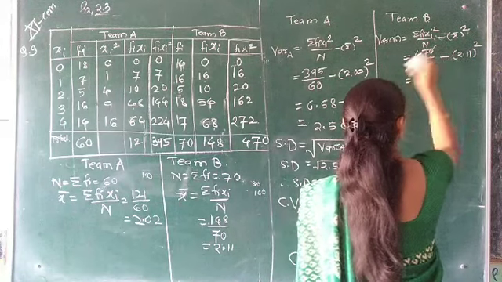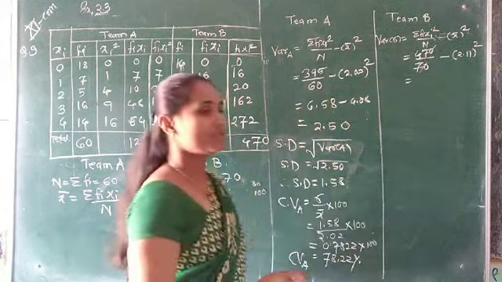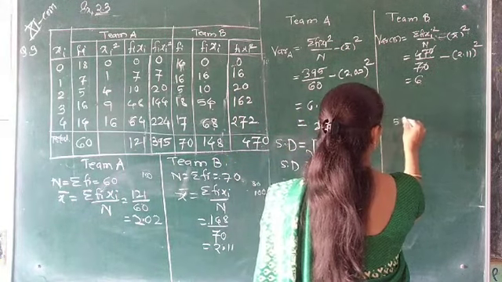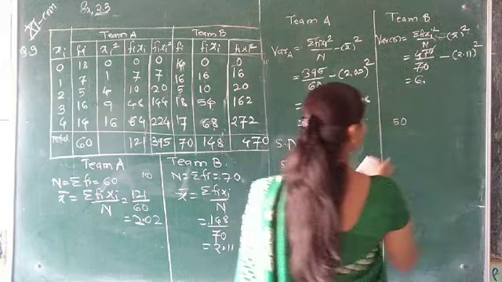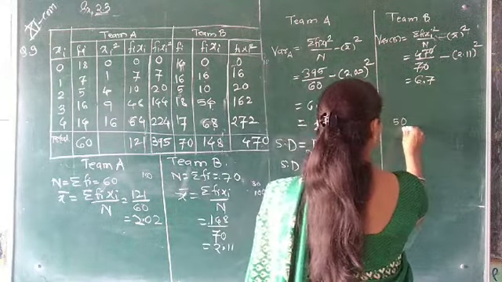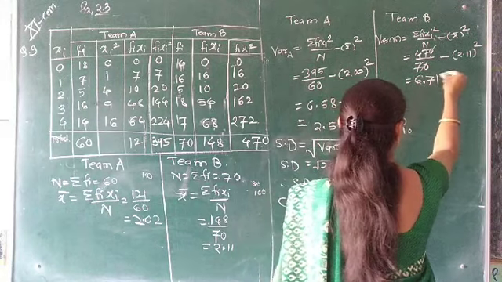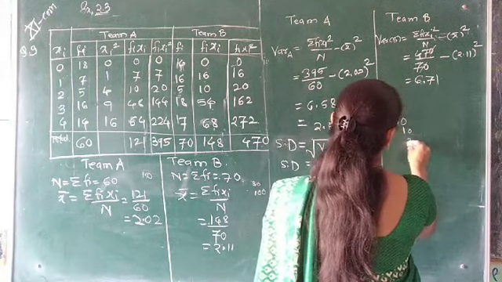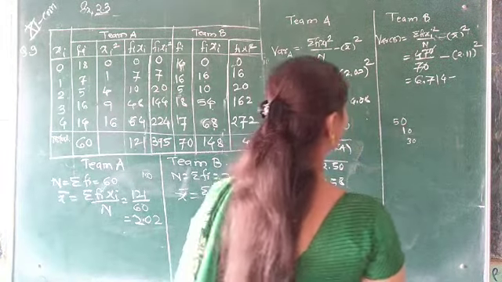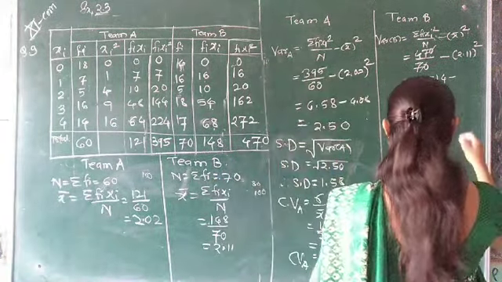Now 2.11 square: 1 decimal, next 7 6 are 42. Again it is 5, then 7 sevens are 49. Again it is 10, then 7 ones are 7. Again it is 3, then 7 fours are 28, minus the square of 2.11, which is 4.41.